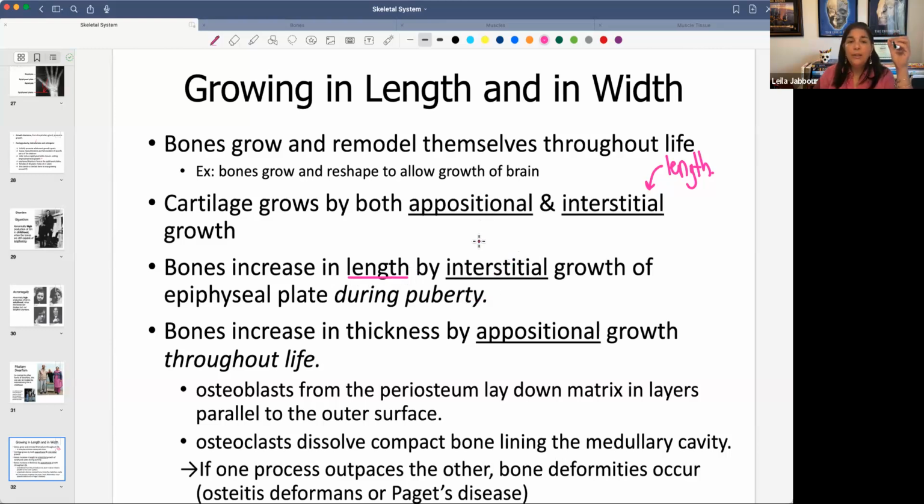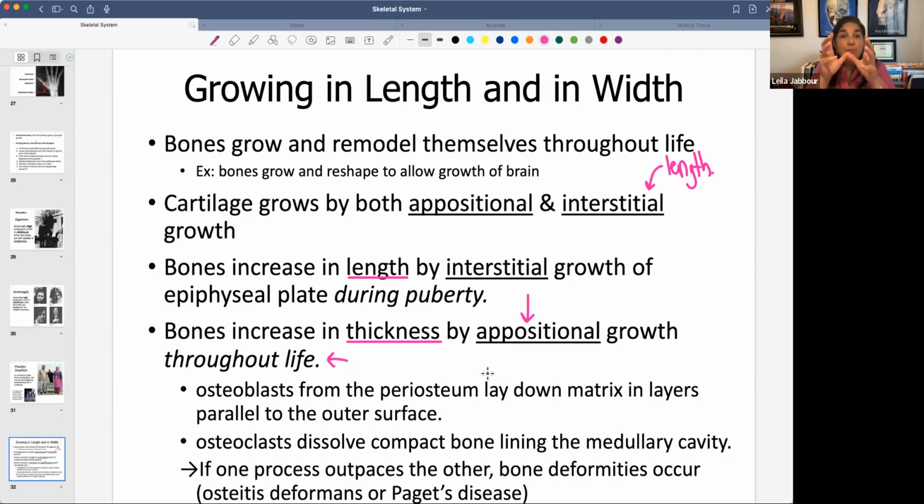So what are we left with? We're left with appositional growth. This is growth in thickness, and this happens throughout life. How does that happen? In the periosteum around the bone, there is an osteogenic layer of cells on the inside of that periosteum against the bone itself.